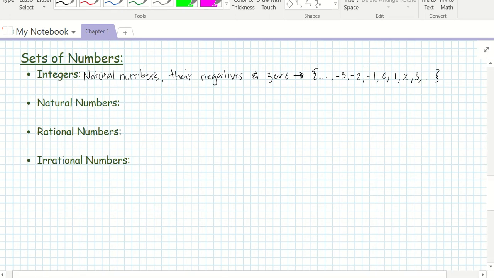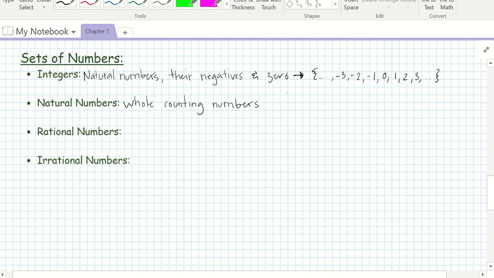Again, basically, integers are natural numbers, their negatives, and zero, so notice how we have the positives, we have 0, and we have the negatives, okay? Now, natural numbers. What are natural numbers? Well, these are whole counting numbers. It's like what kids learn to count when they're little, right?